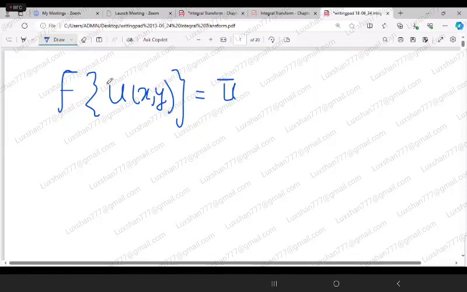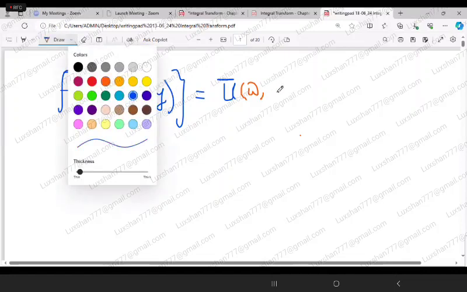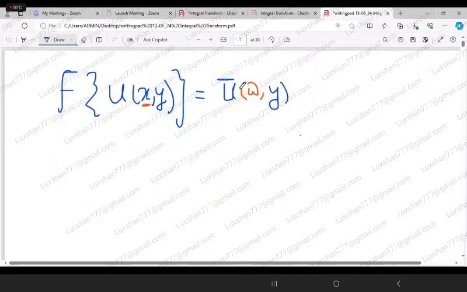Because we are taking the Fourier transform with respect to the variable x, in the place of x you will have omega. So that is the Fourier transform of this one.